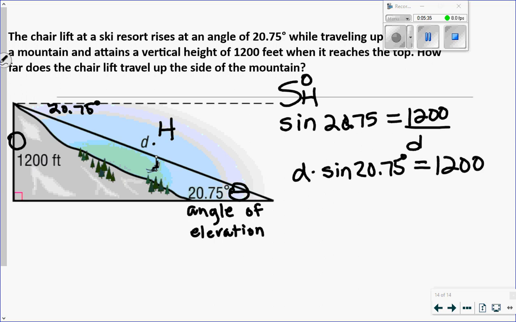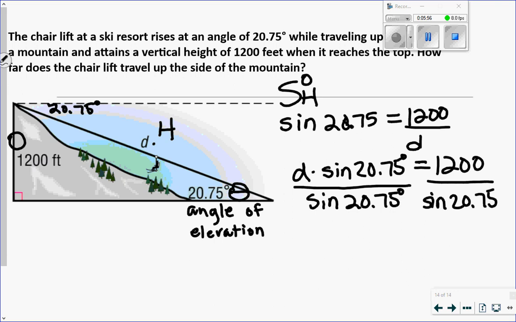Now how do we solve for D here? This is no different than having a coefficient in front of D. We divide by that number. So we're going to divide this side by sine 20.75, this side by sine of 20.75.